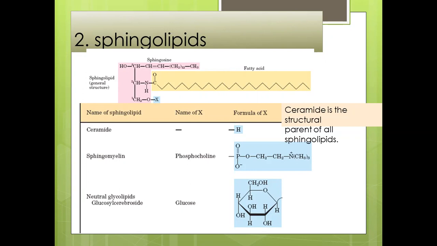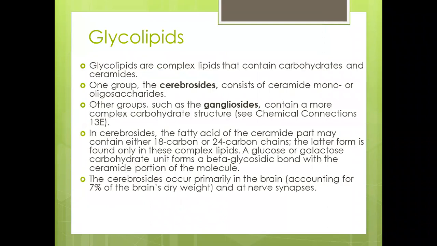Another classification is the glycolipids, which are complex lipids that contain carbohydrates and ceramides. Ceramides have sphingosine and an NH, where you can have your fatty acids.